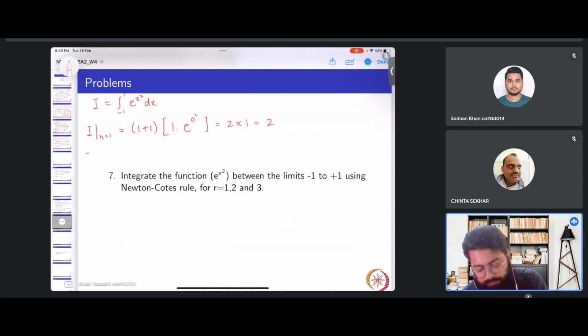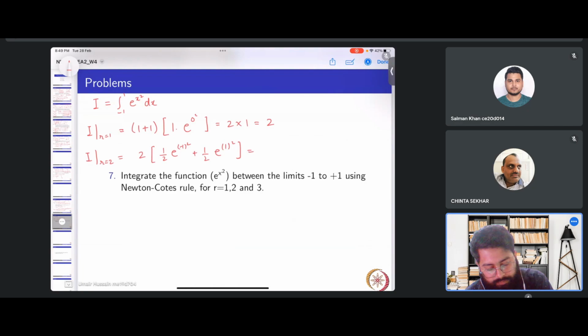Right, so if we take r equals to 2, then we have 2 times half of, so if you have 2 points, so 1 point would be minus 1 square, another point would be plus 1 square.